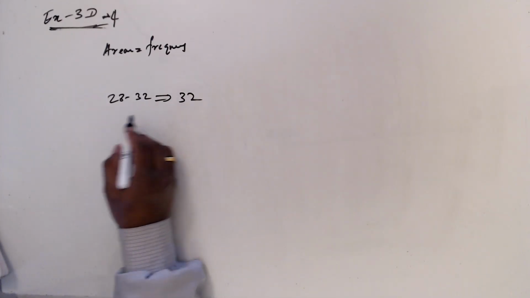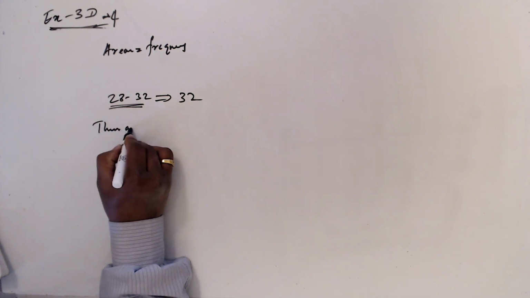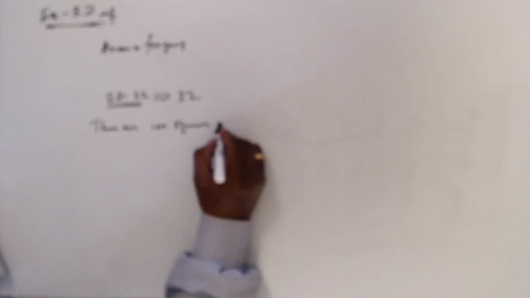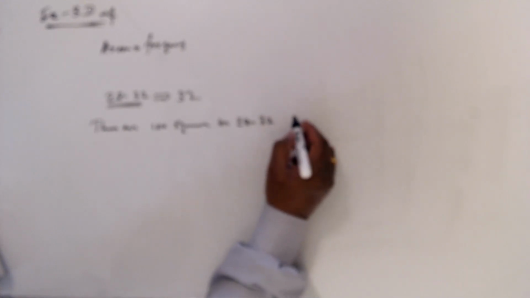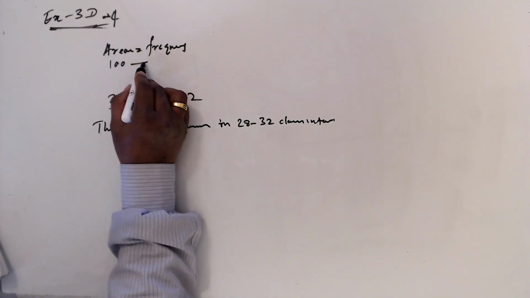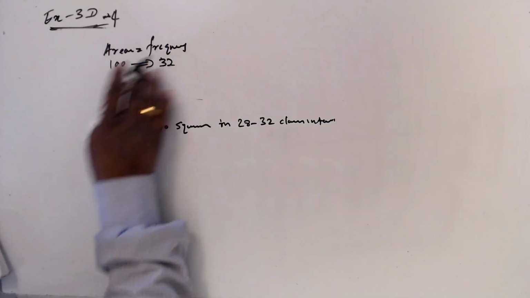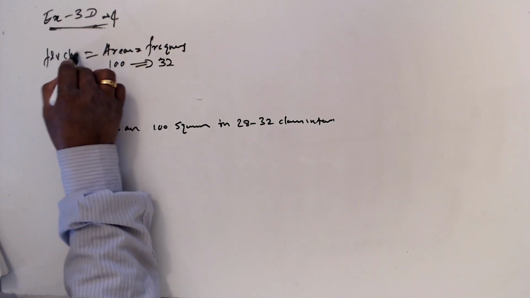In this area there are 100 squares. So these 100 squares represent the frequency 32. Area is frequency density multiplied by class width.